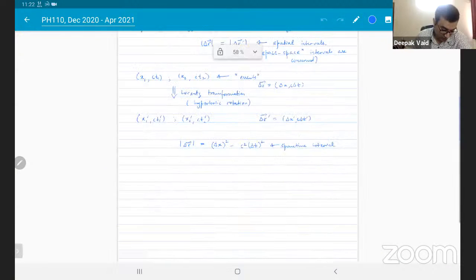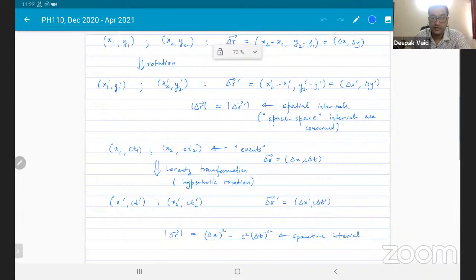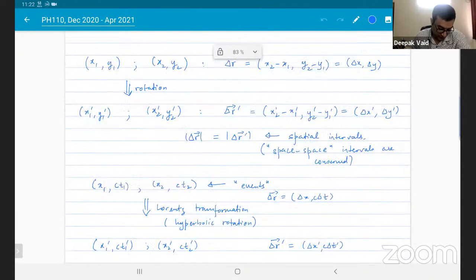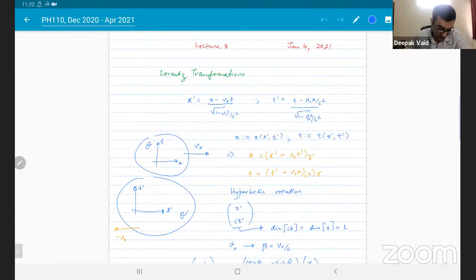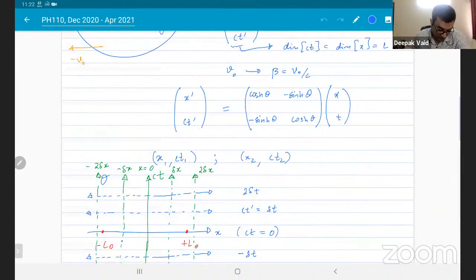So last time I started talking. We have talked about Lorentz transformations and this invariance of space-time intervals, and about hyperbolic rotations.